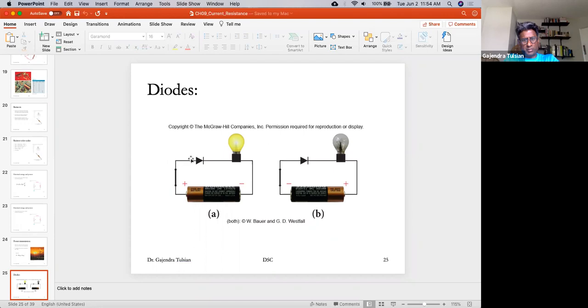When the positive voltage source is connected to the negative terminal, the diode is not letting any current go through. So the diode is like a one-directional gate. It lets current only go through in one direction.